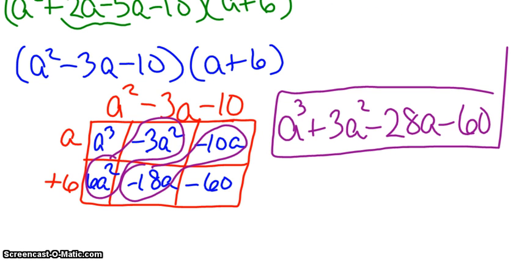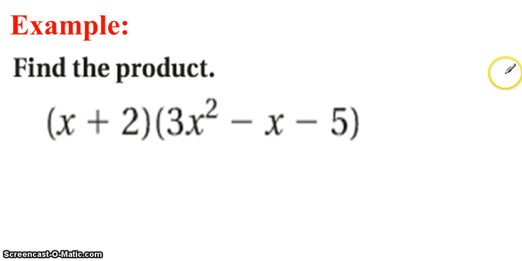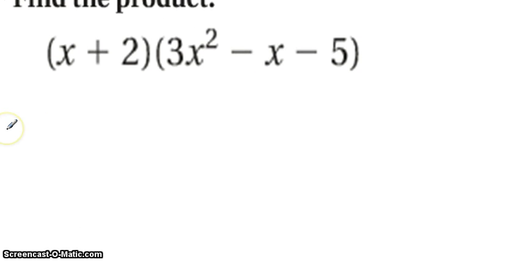All right, let's try a couple more. Here's again, trinomial with a binomial. So I like to do a box.